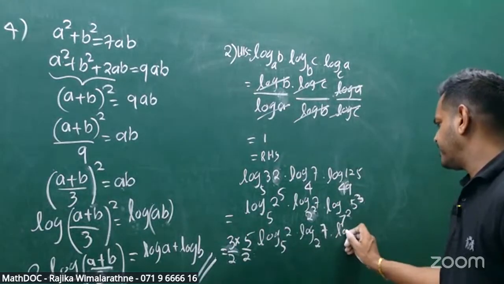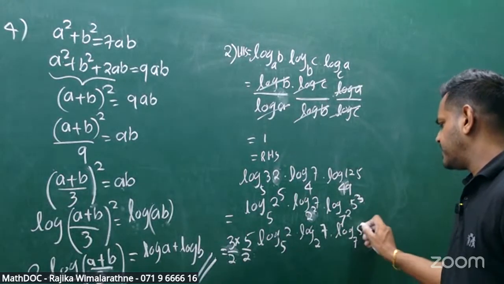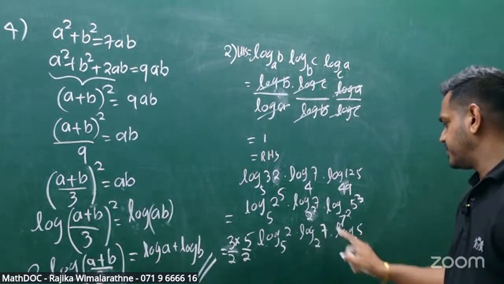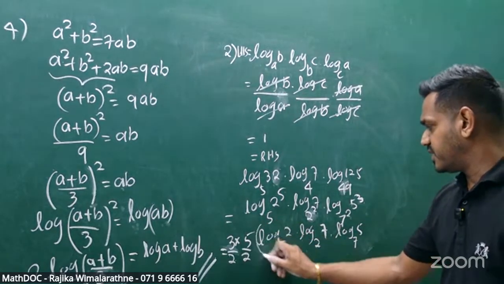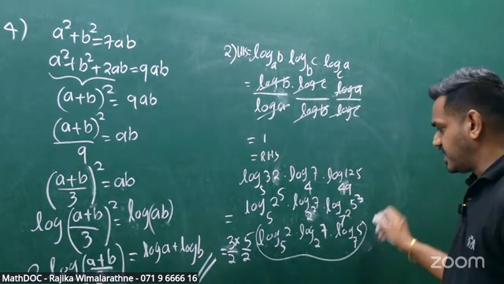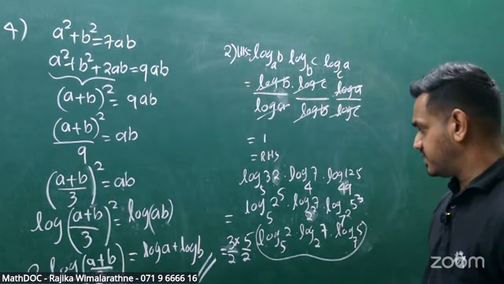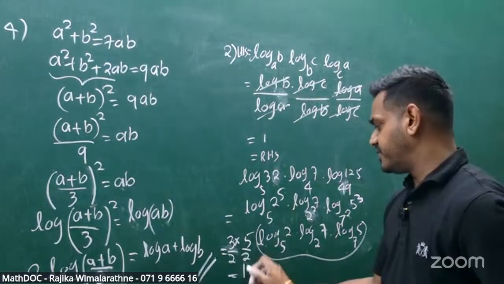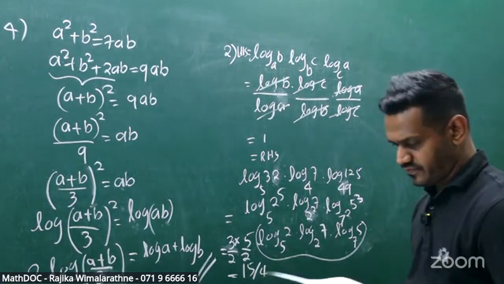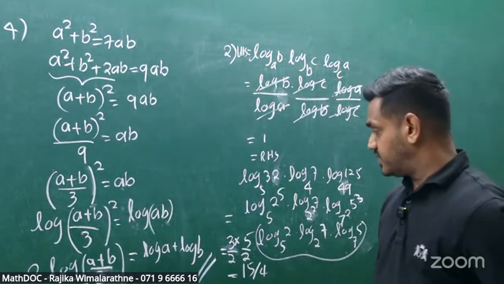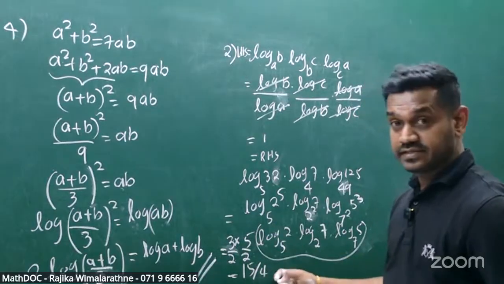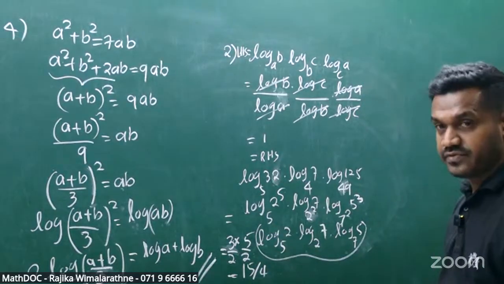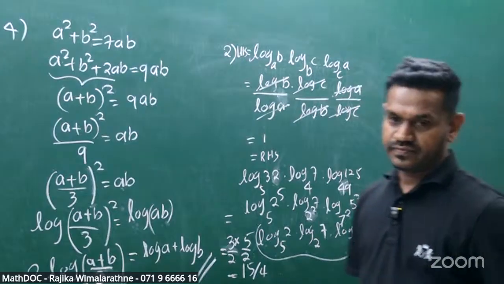Then log 7 base 5. Then log 5 to 2, 7, 7, 5. Here this part you can say 1, no? That is 1. That is 1. Therefore, the final answer is 15 over 4. We have to find the value. Then here 15 divided by 4 is the value. That is question number 2.